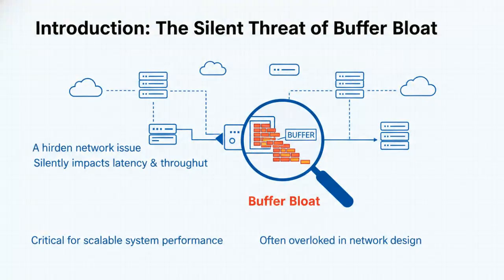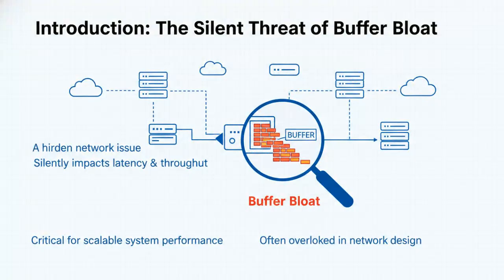A small buffer might drop packets under heavy load, reducing throughput but keeping latency low. A large buffer might never drop a packet, ensuring high throughput, but at the expense of adding hundreds of milliseconds or even seconds of delay. The challenge for scalable systems is to find that optimal Goldilocks zone, enough buffer to handle bursts without introducing detrimental latency.